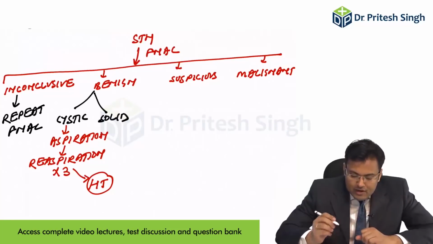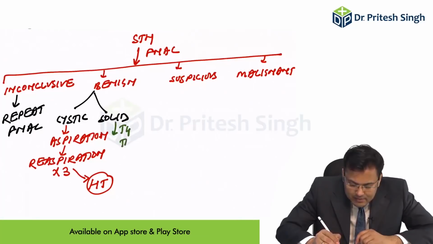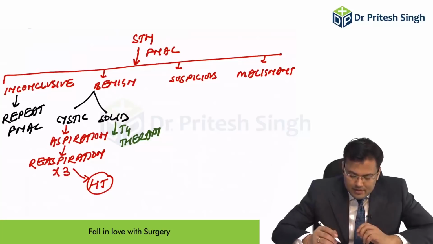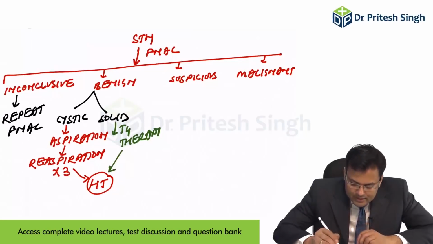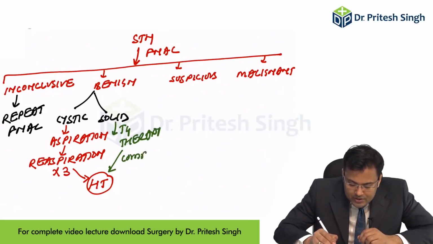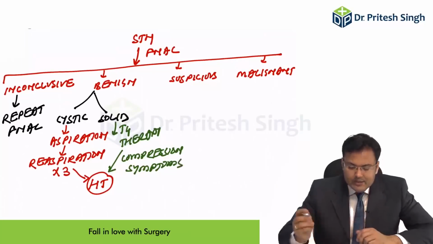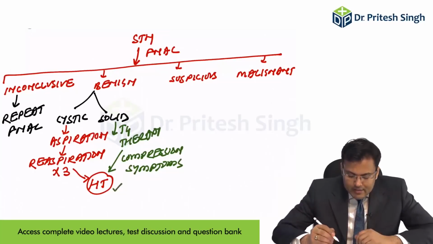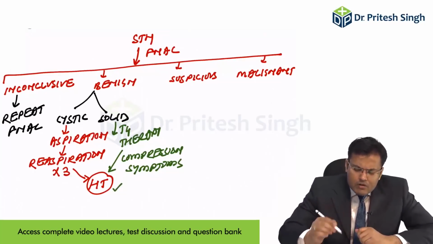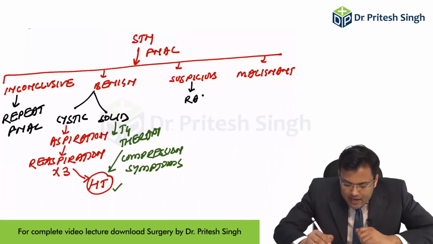Now see, for solid lesions, initially we consider thyroxine therapy, because sometimes the swelling disappears. But if it persists, or there is no response, or there are compression symptoms, in that case we perform hemithyroidectomy. For suspicious lesions, we have to perform radioactive iodine scan.